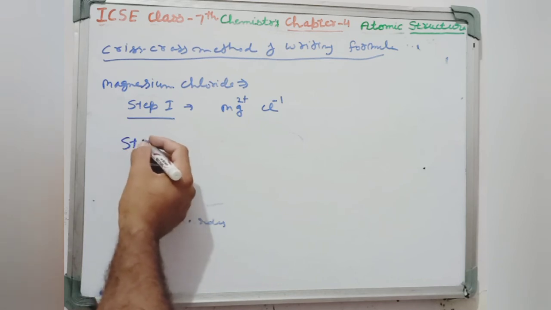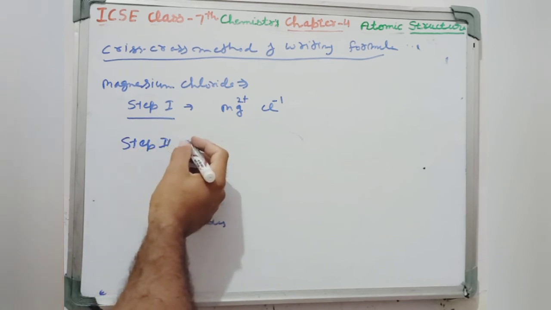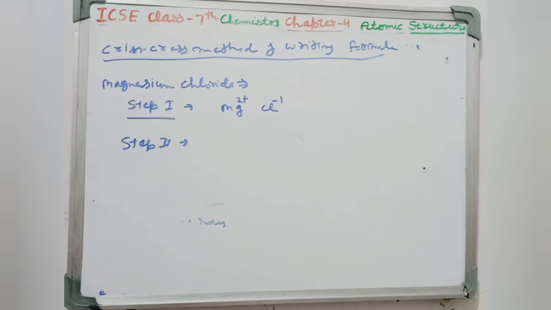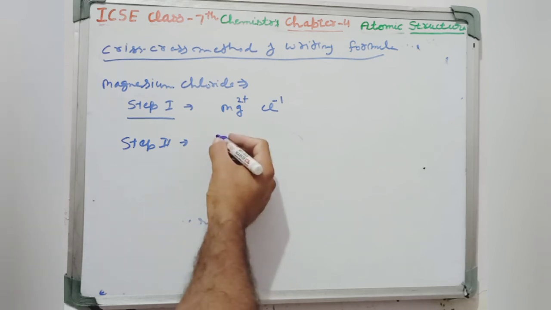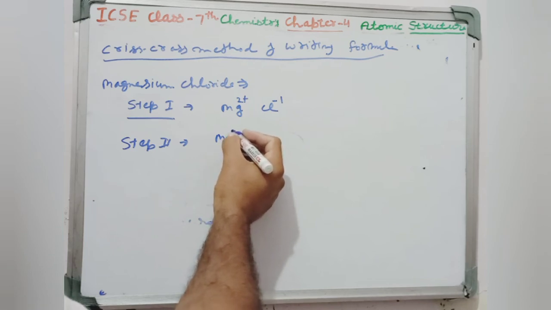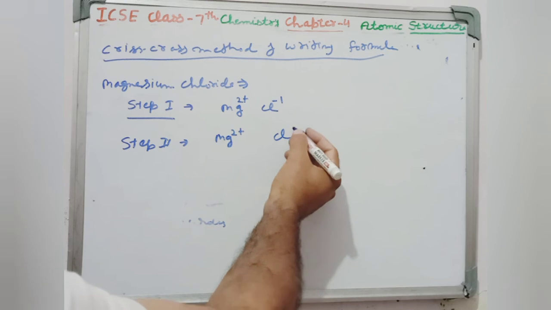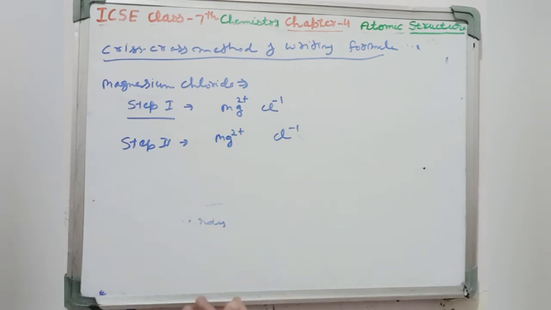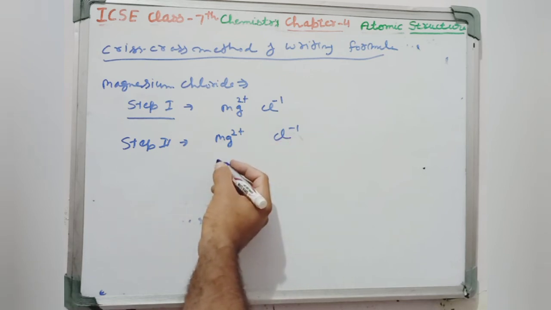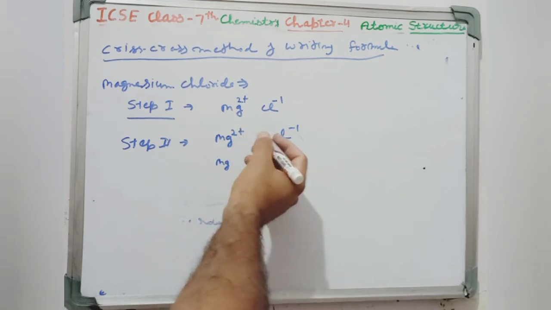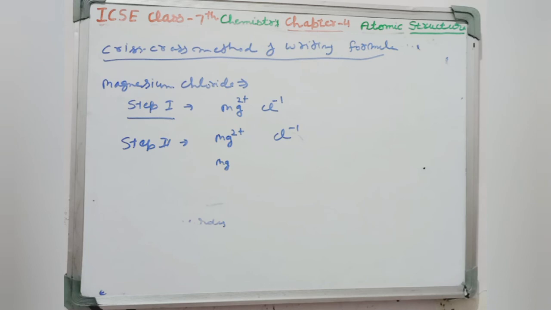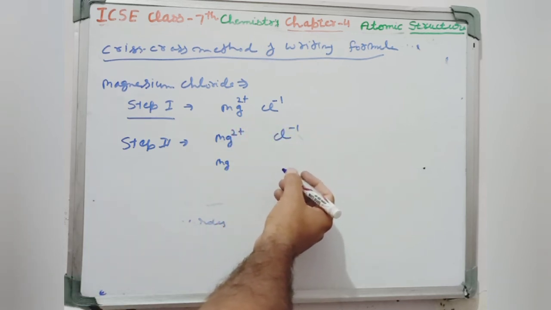Now in step 2, I write this way: Mg2+ I write here, and chloride I write here. Now don't take care of positive or negative signs. Write this way.